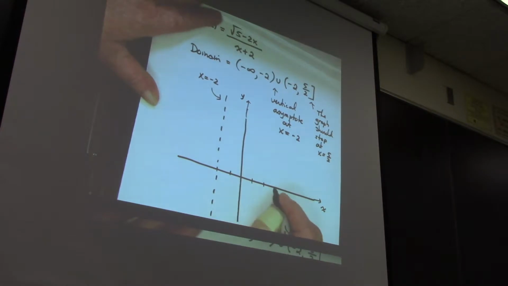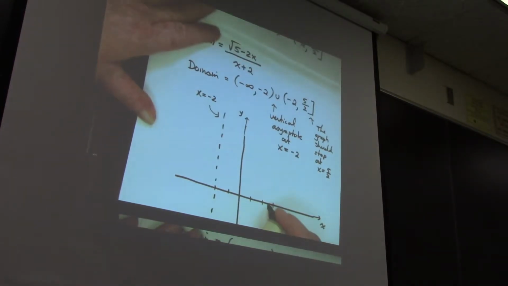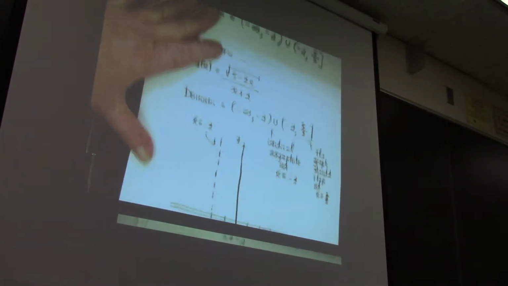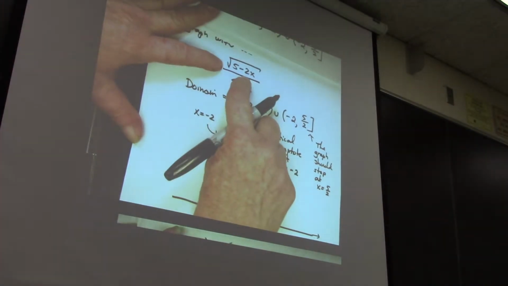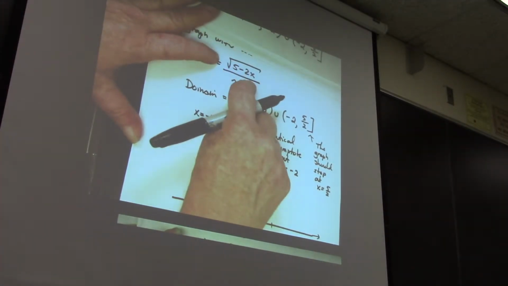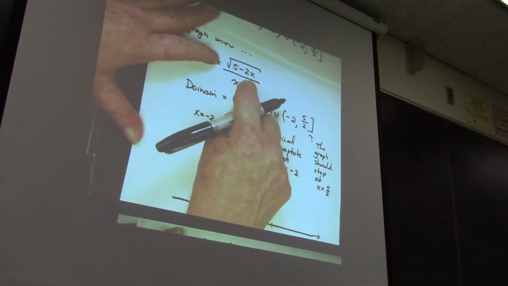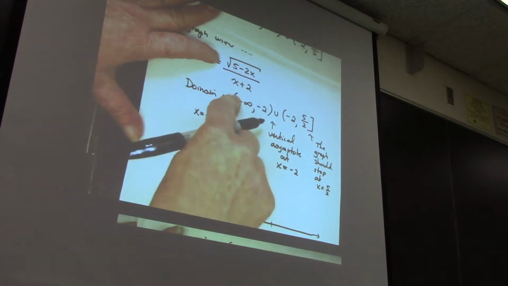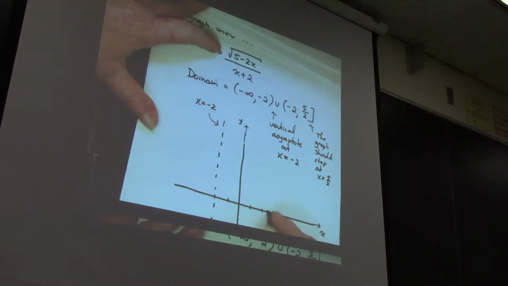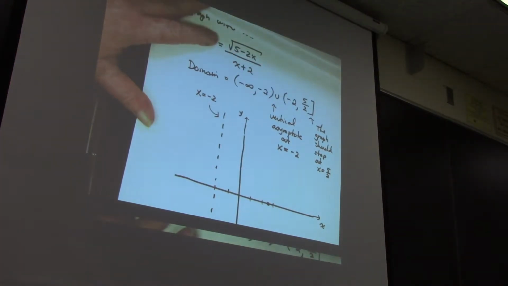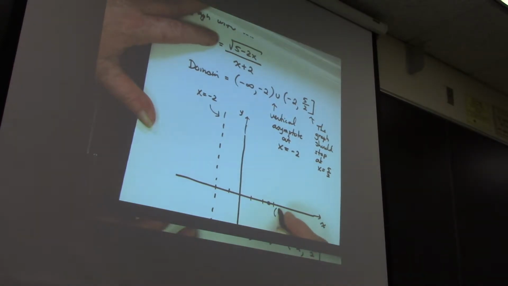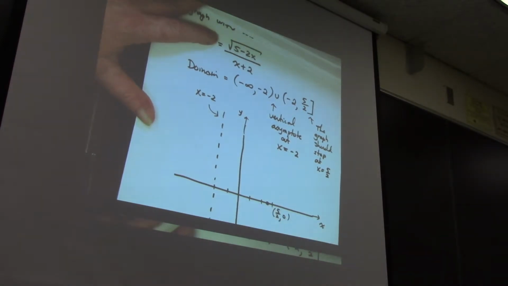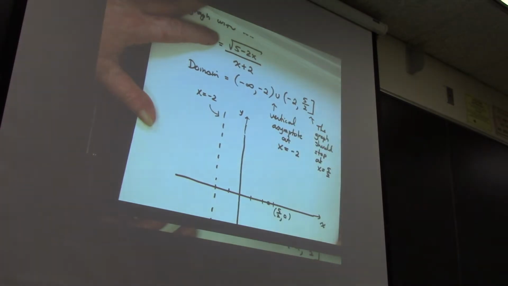And then at 5/2, 2.5. Now actually at 2.5, we have the square root of 0, which is 0, and then we have 0 in the numerator over something. So at 5/2, the graph actually equals 0. I'm kind of expecting that to happen. And there's nothing going on, so no points to the right of 5/2.